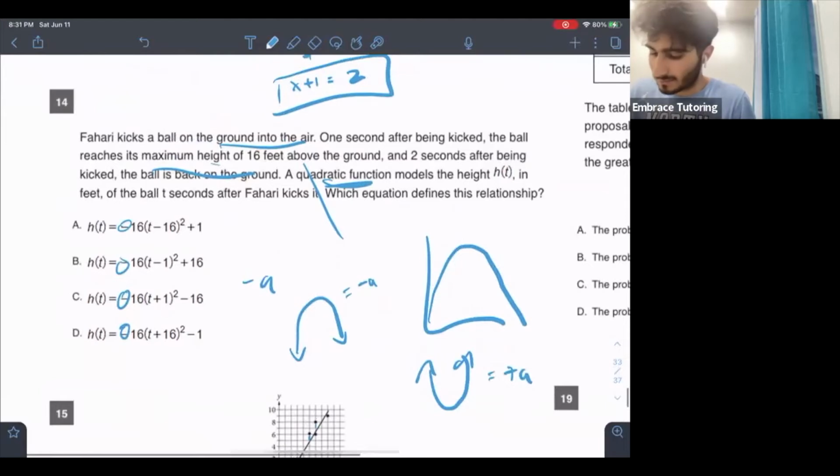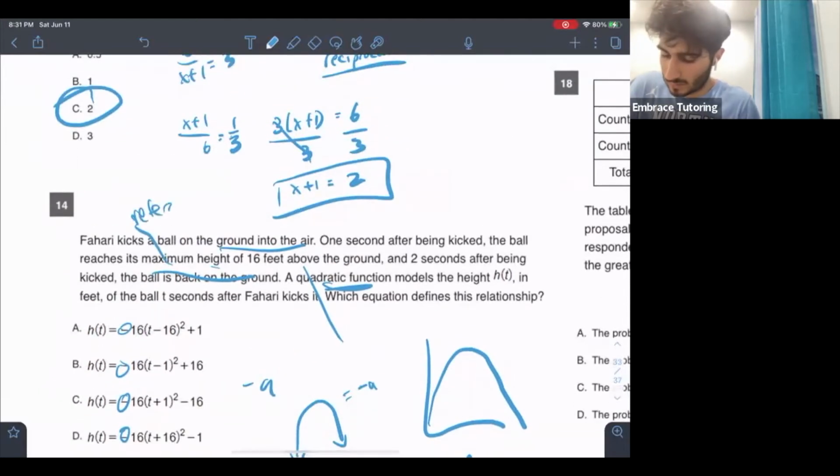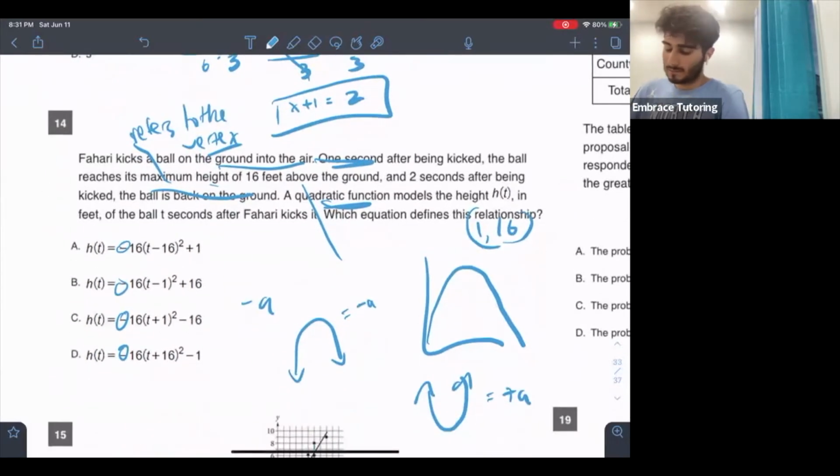Now, since they give you the maximum height, that also refers to the vertex. So after 1 second the height is 16, so it would be 1, 16. It can't be A and it can't be D because 16 feet has to represent the y value, because that's the feet.